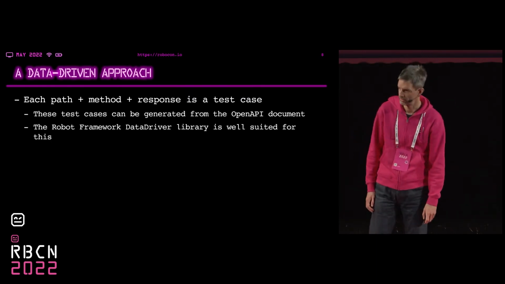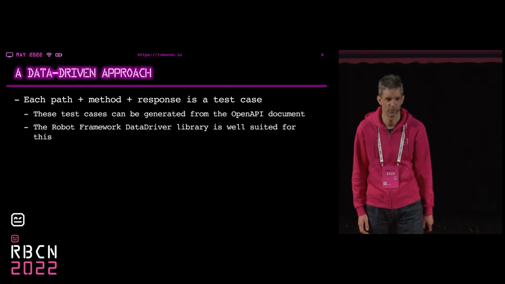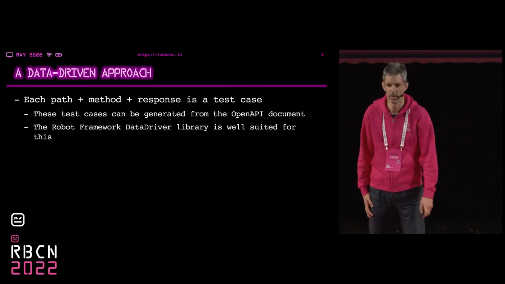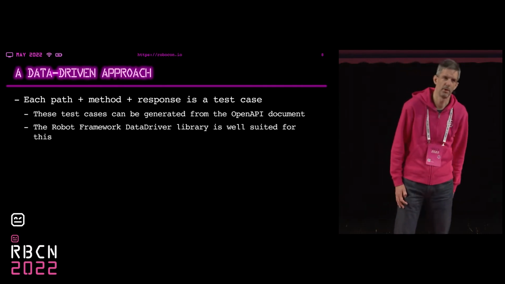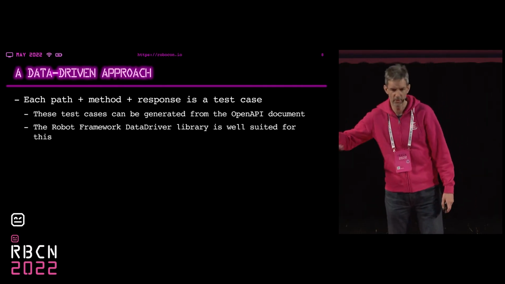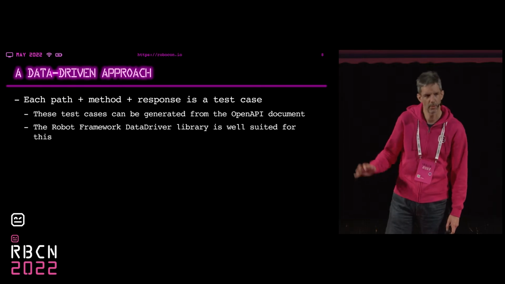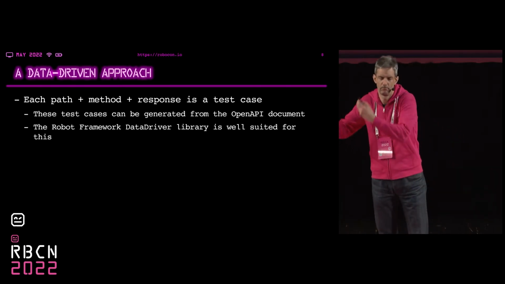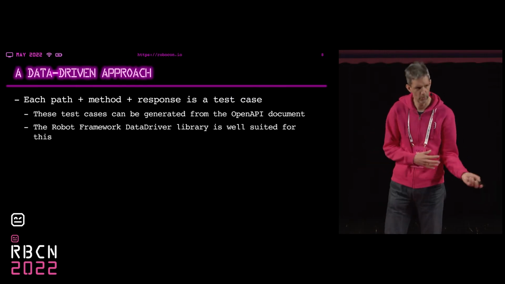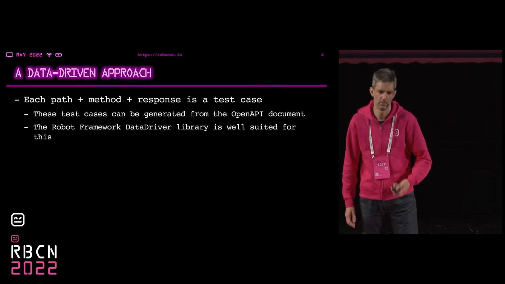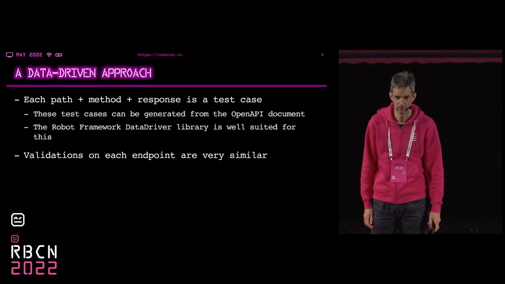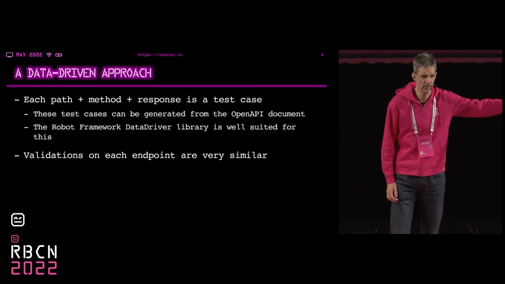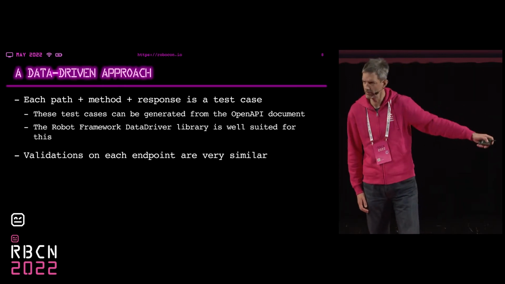Now there's this DataDriver library that you may know or use. And that's well suited for this because it's for data-driven testing, it generates test cases and you can implement your own parser that determines how your test cases should look. And then each of these endpoints, each of the validations is very similar.